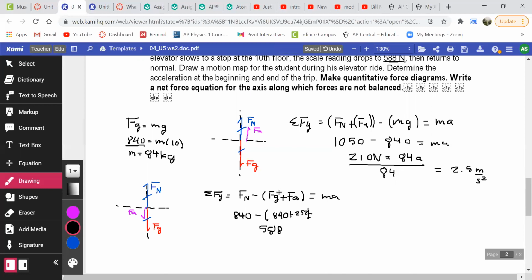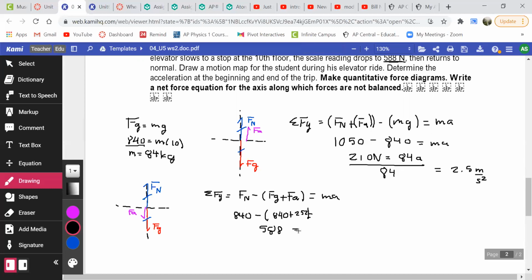Do you see how that works? 840 minus 1092 is equal to 588.